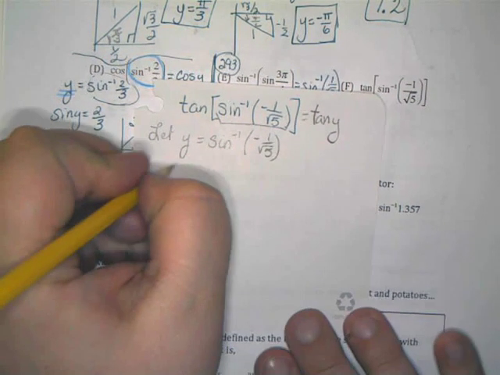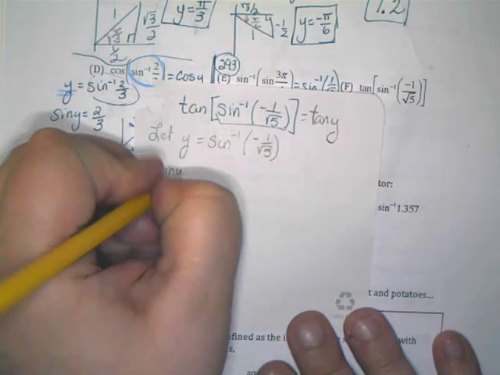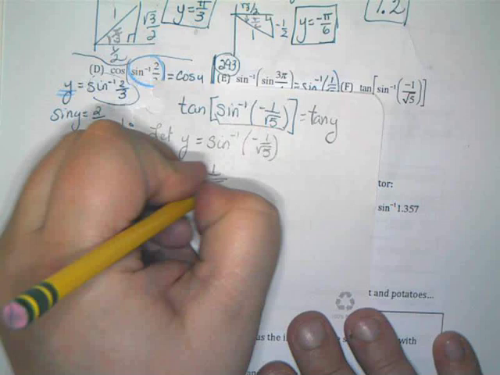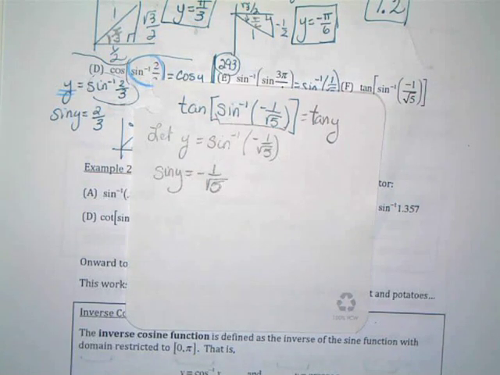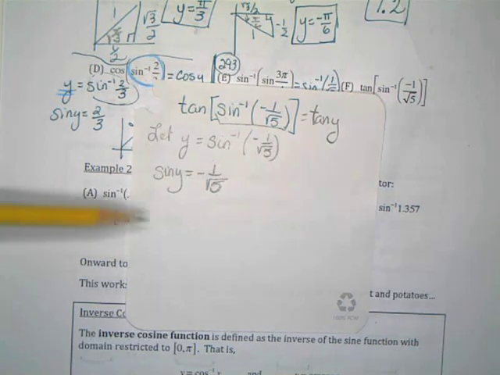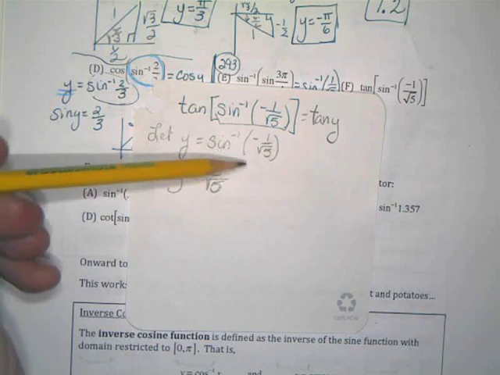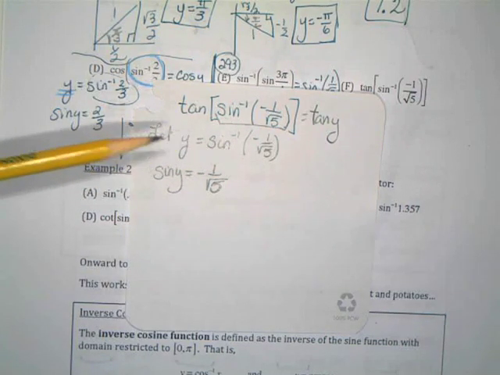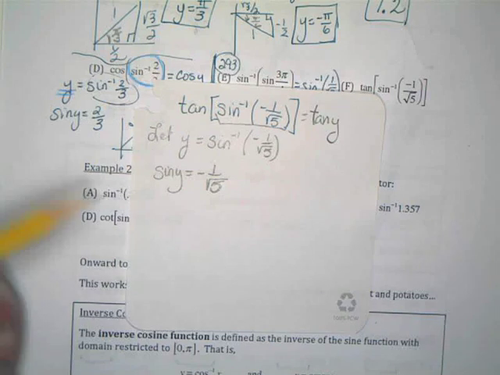Okay, so take the sine of both sides. Sine is only in quadrant 1 or 4 because we start with this inverse. It's negative, so it's in 4.